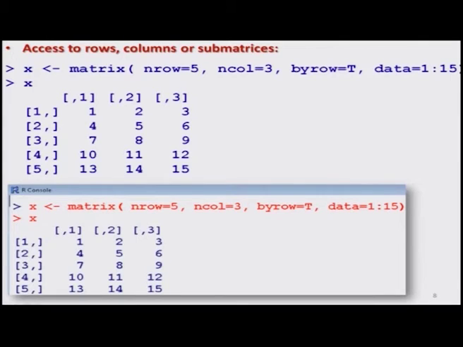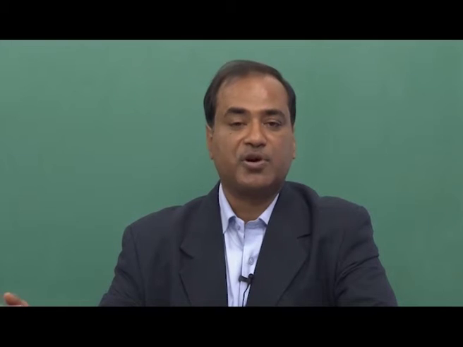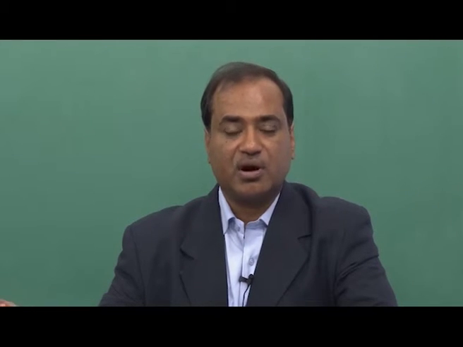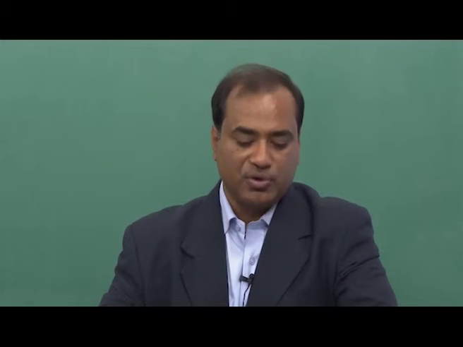Right. Once we have created a matrix, there are situations where I would like to access a particular element of the matrix, a particular row of the matrix, or a particular column of the matrix. So, now I am trying to show you how we can do it.